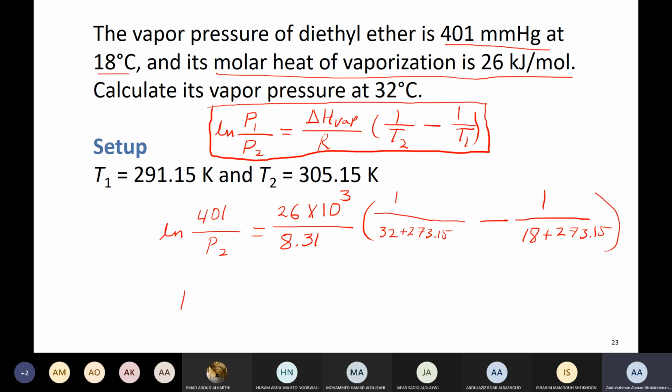Do it. Do it in your calculator. I hope you know how to use your calculator properly to solve this problem. $421.3.